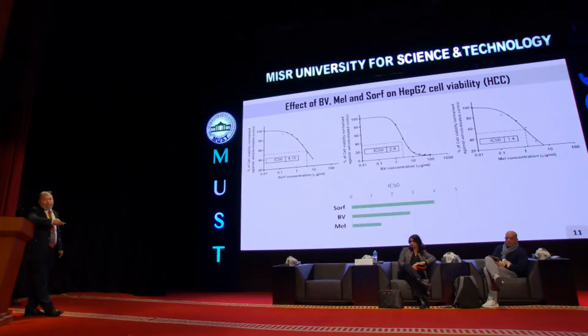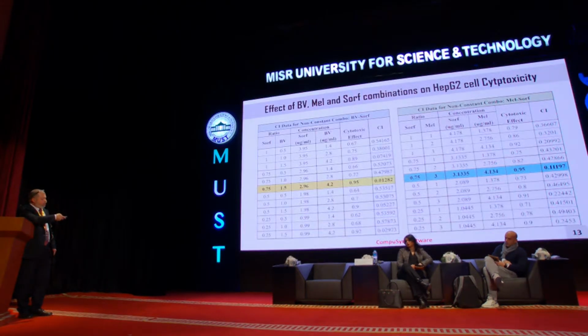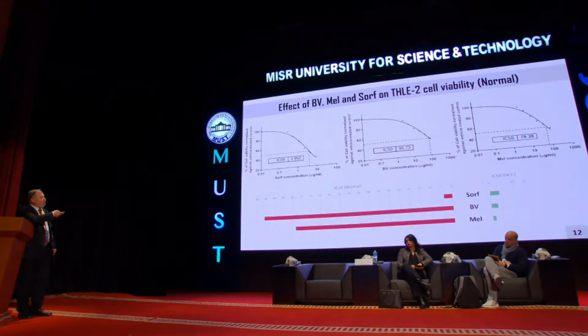And now for the in vitro study, the cytotoxic effect of each individual component. Here, as you see, that's sorafenib. Sorafenib has an IC50 of 3.9 microgram per milliliter in comparison with the normal cells.